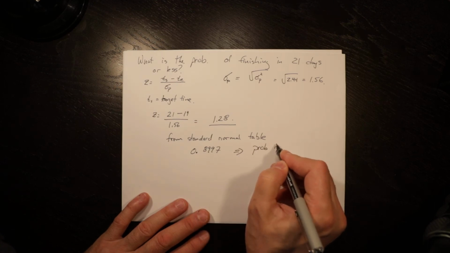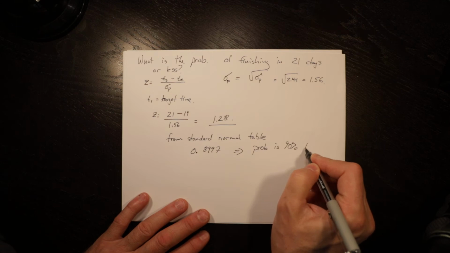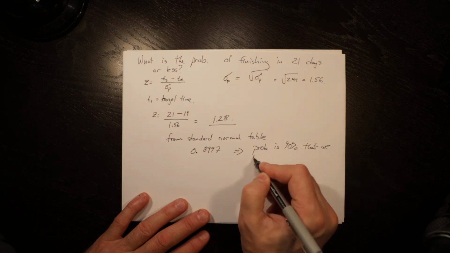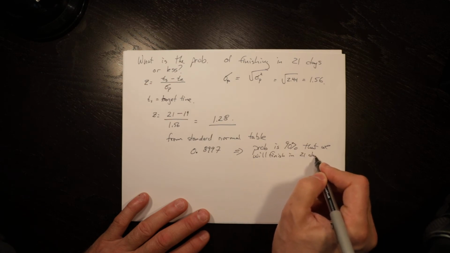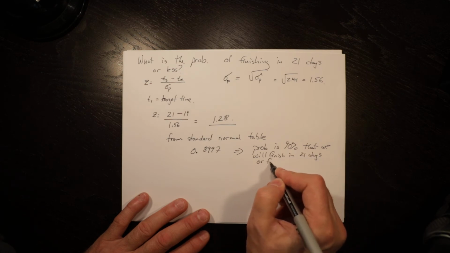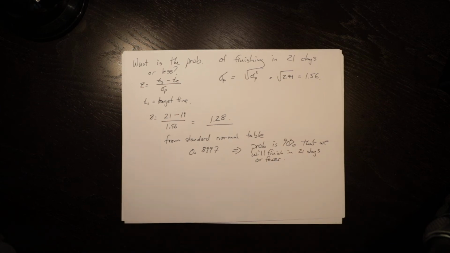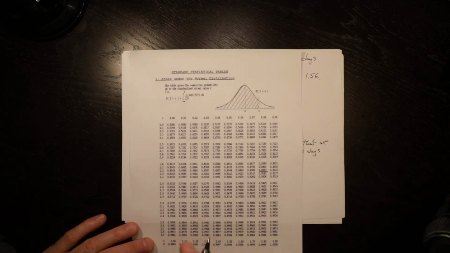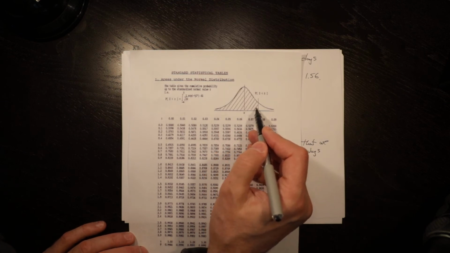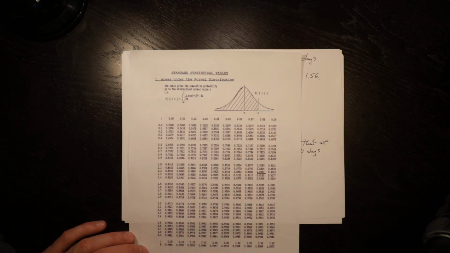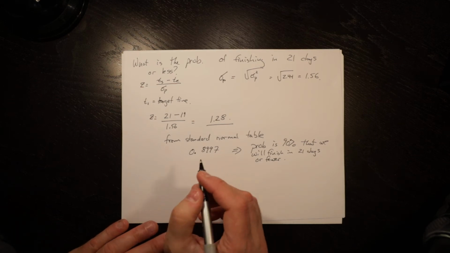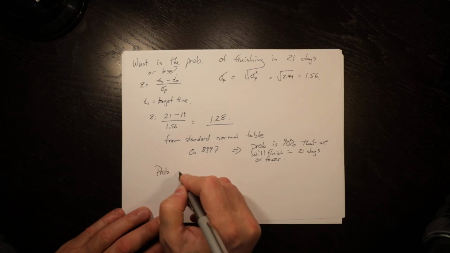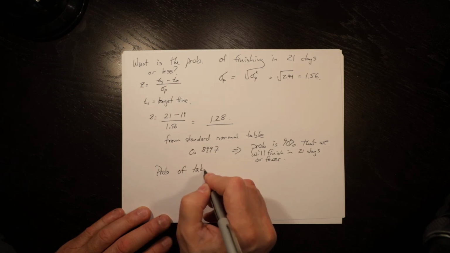The probability is 90% that we will finish in 21 days or fewer. We know that because the probability reflects all of the outcomes up to 21 days. And really what we're interested in is that we're done in 21 days to avoid the penalty. So then it asks us, what is the probability of taking too long?